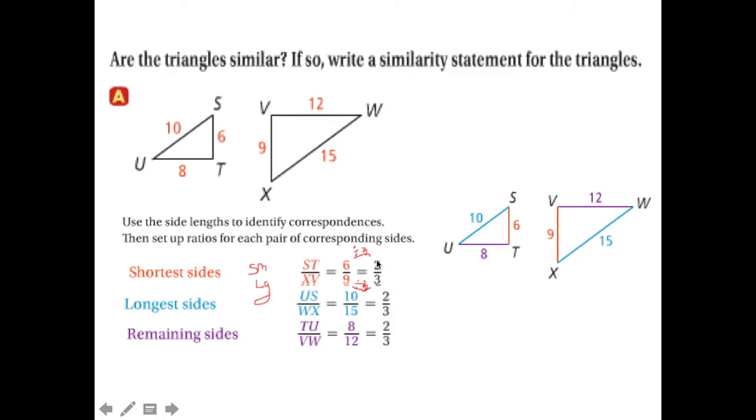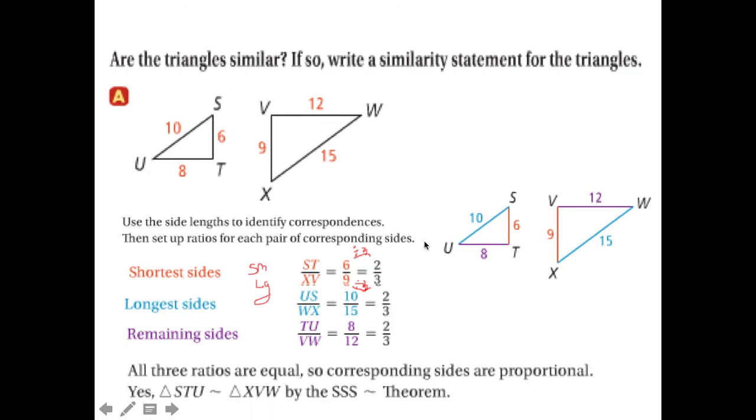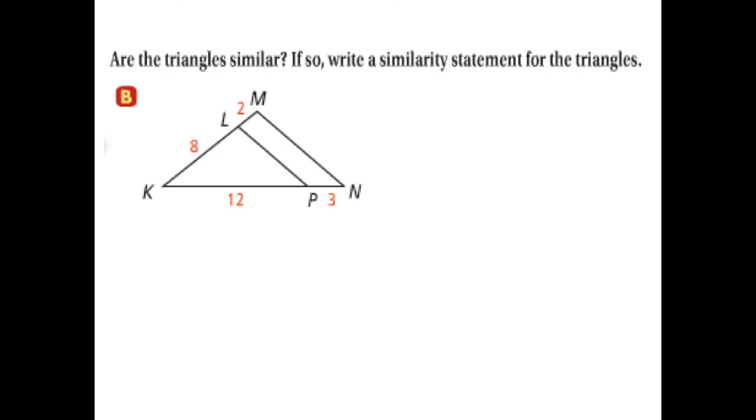As you see, every side, when you put them in ratios comparing the two, reduced to 2/3. That's what you're looking for in order to state that they are similar by the SSS theorem. These two triangles are similar because all their sides reduce to the same number. That is a key to remember: the same number.